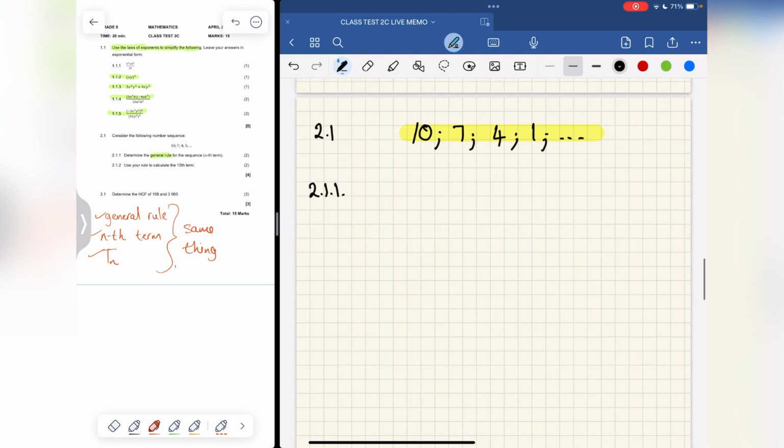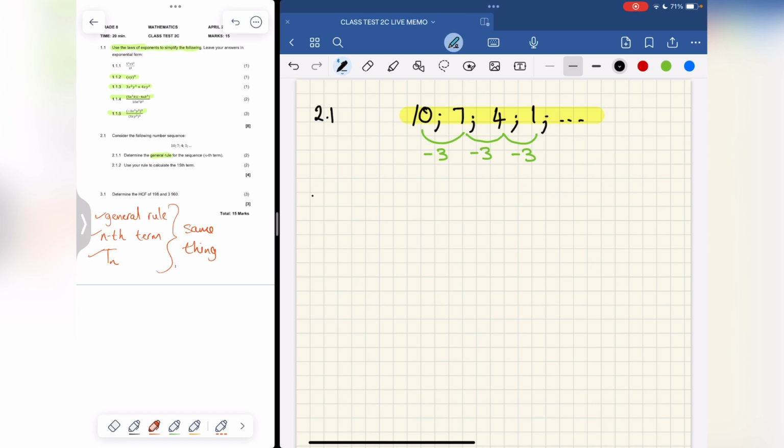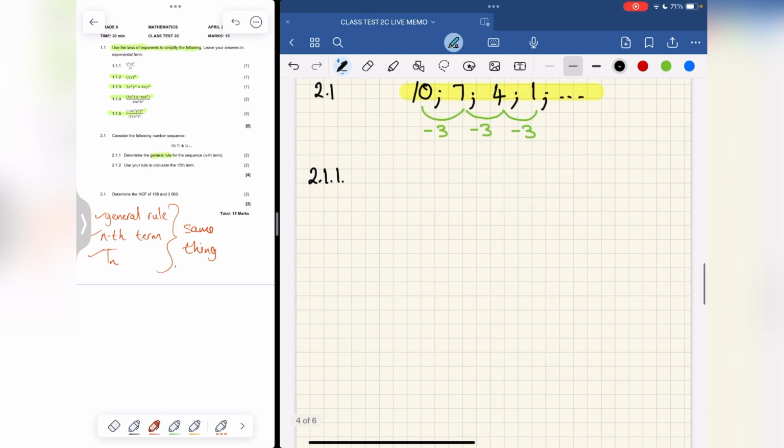So to get from 10 to 7, I need to subtract 3. To get from 7 to 4, I need to subtract 3. To get from 4 to 1, I need to subtract 3. So that means my constant difference is -3.